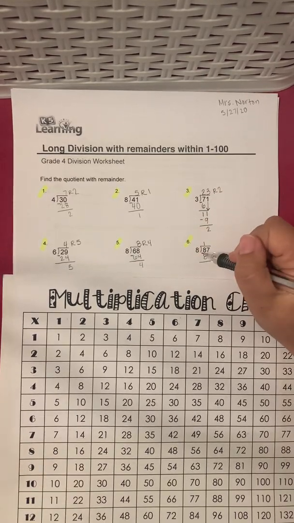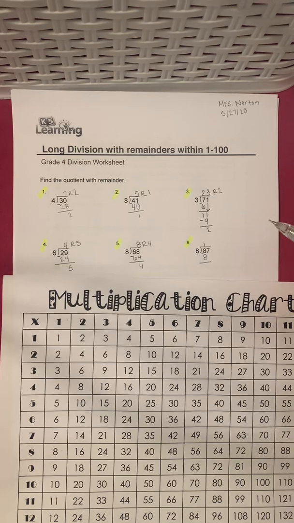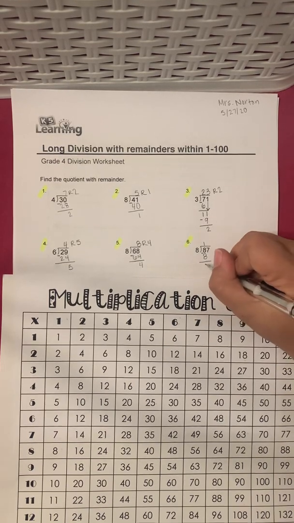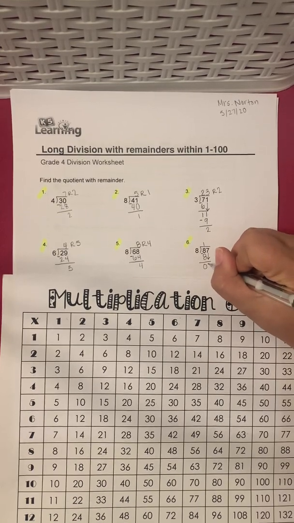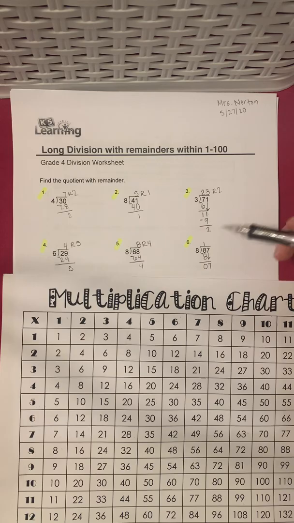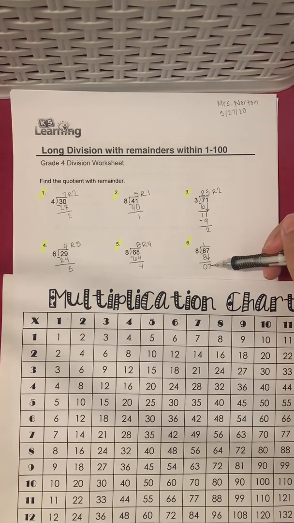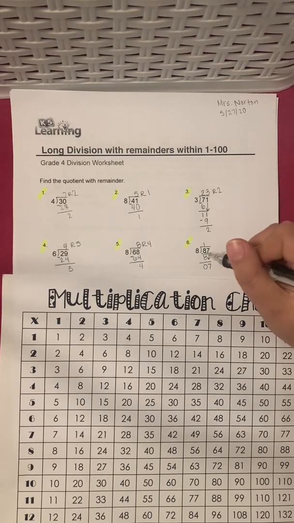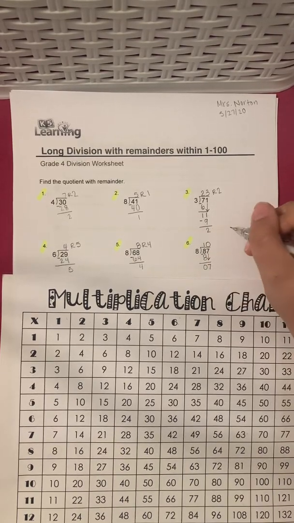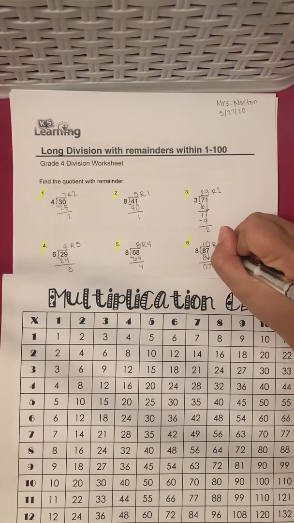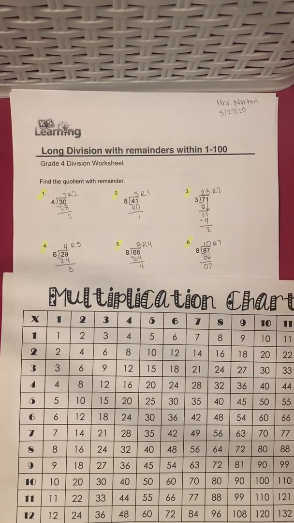We subtract 8 minus 8, which is 0. We bring down our 7 because it was not used. And we ask ourselves, can 8 go into 7? The answer is no, because 8 is bigger than 7. So we're going to write a 0 because it goes in there 0 times. And we have R for remainder, and we've got 7 left over.